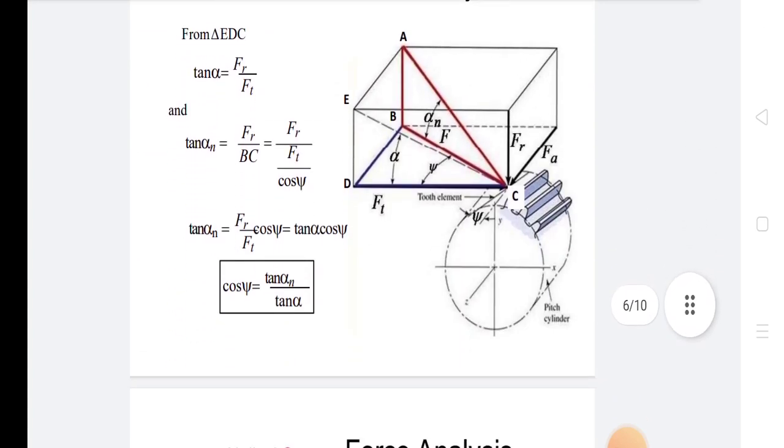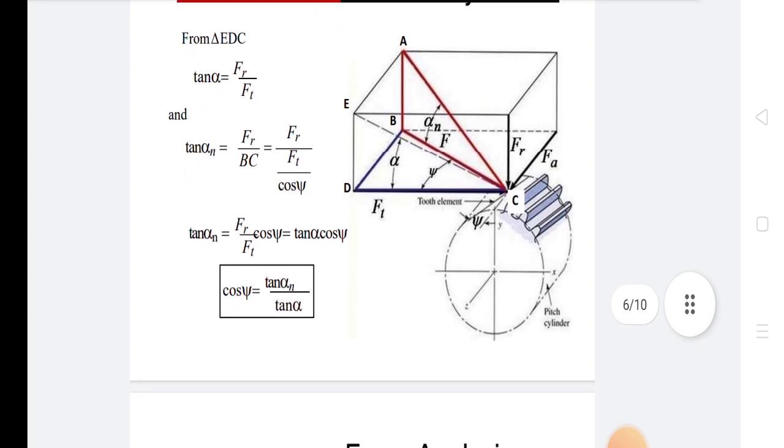So, from triangle EDC, tan alpha is equal to Fr upon Ft, and tan alpha n is equal to Fr upon BC, which is equal to Fr upon Ft cos psi. So, tan alpha n is equal to Fr upon Ft into cos psi, that is equal to tan alpha into cos psi.